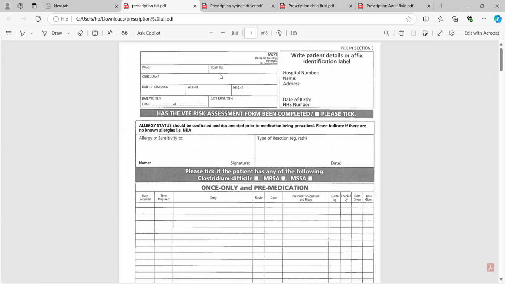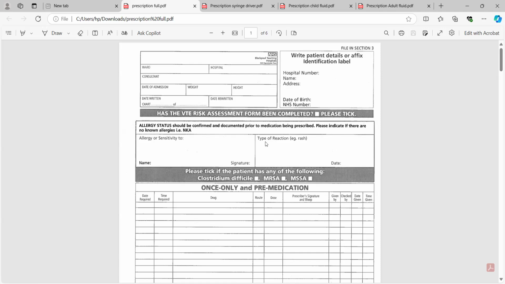On the left side, you can see ward, hospital, consultant name, date of admission, weight, height, and date of chart. Just below, has the VTE risk assessment form been completed? There's a box here, and for the allergy section, you have to write the medication over here, and your name here, your signature here, and the date here.